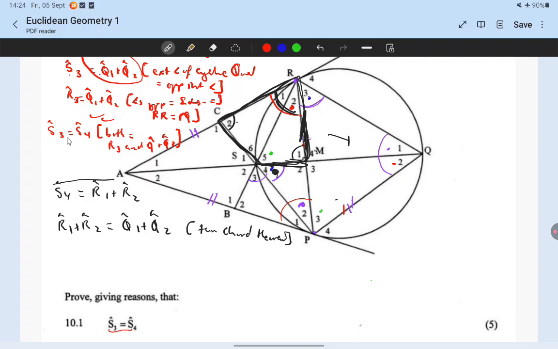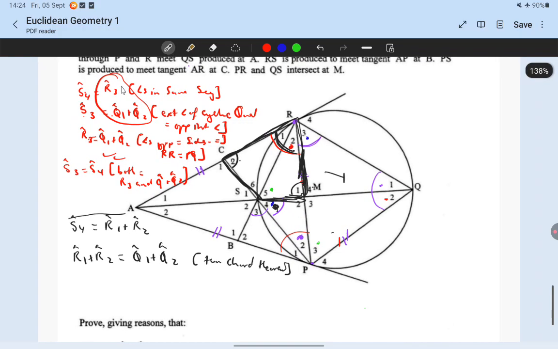But from above, from proving that our S4, where is our S4? Our S4 was also equivalent to our Q1 plus Q2. Can you see that? So we can say our S4 is equivalent to Q1 plus Q2. And here, if you are lazy to write a reason, you can write "from above".